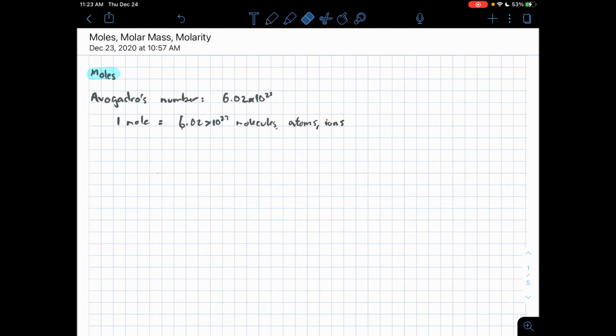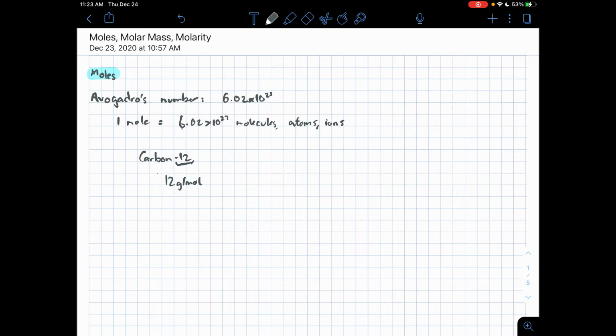So how did scientists come up with Avogadro's number? It seems like a very specific number, and that's because it is. Avogadro's number means something special. What it means is that, let's say you have carbon-12. We know that carbon-12 is an isotope of carbon that has an atomic mass of 12 grams per mole.